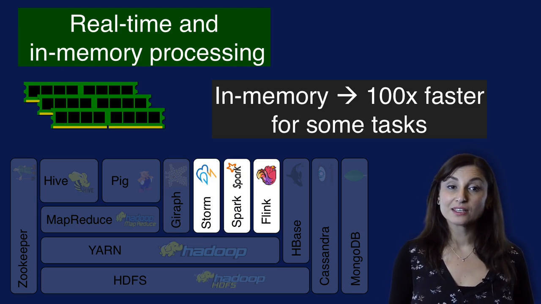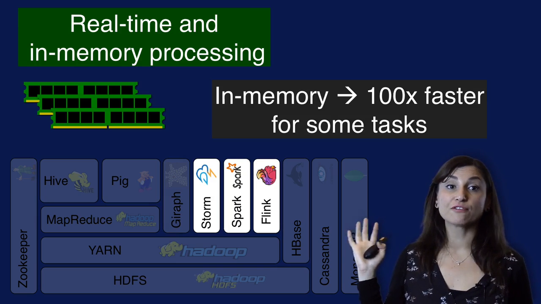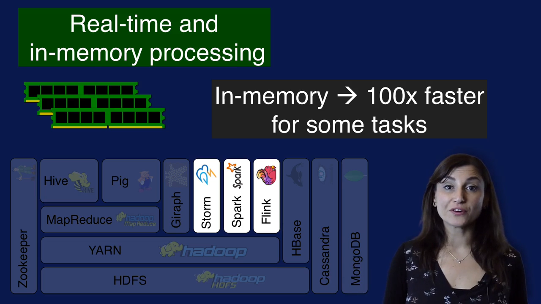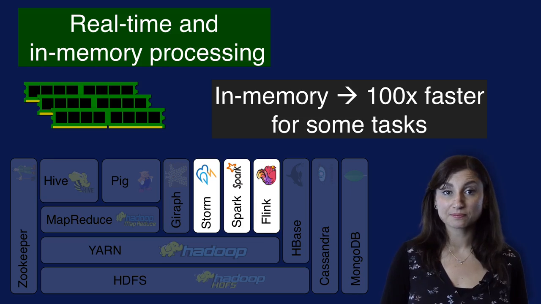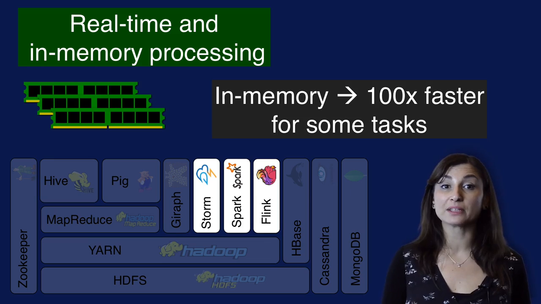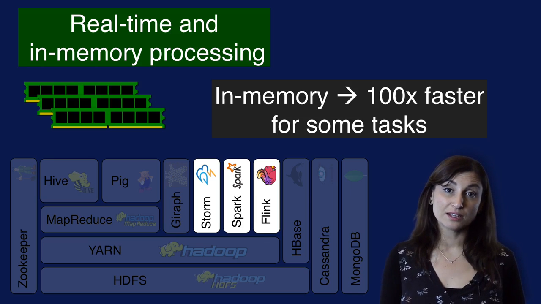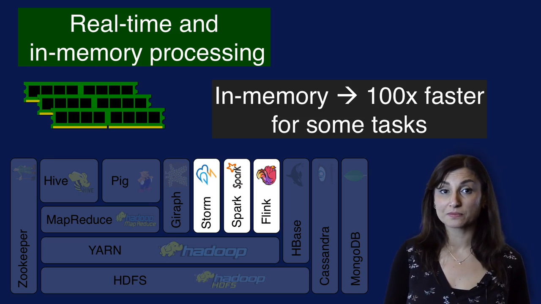Similarly, Storm, Spark, and Flink were built for real-time and in-memory processing of big data on top of the Yarn Resource Scheduler and HDFS. In-memory processing is a powerful way of running big data applications even faster, achieving 100 times better performance for some tasks.